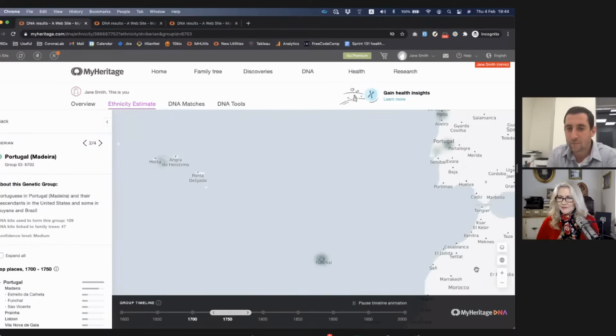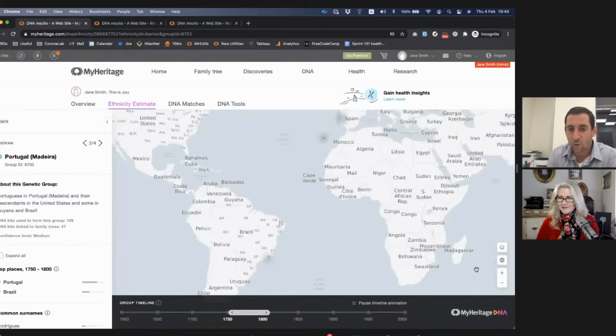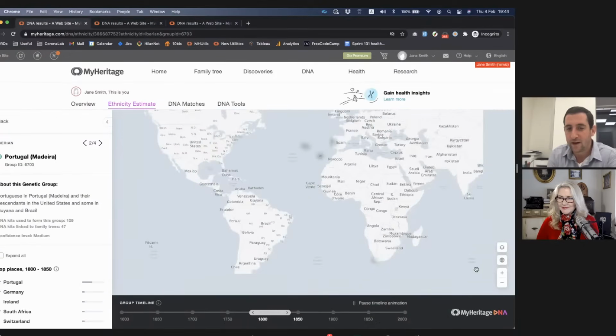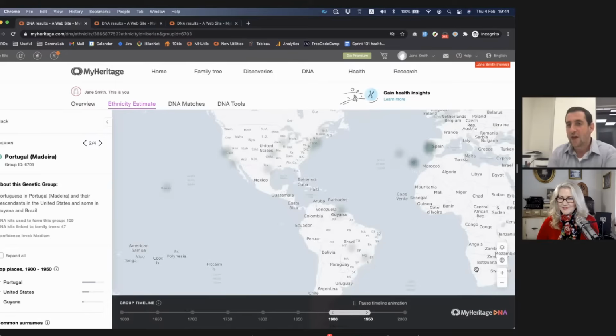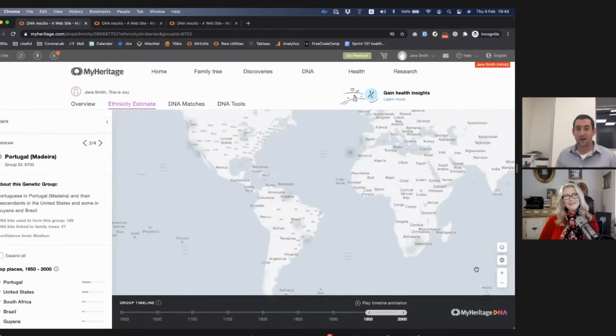And you can see how people are moving. And when we're getting to 1750, we're starting to see events in Brazil, and now in the States, and now in Guyana. And you can see the story that this genetic group has to tell in different times throughout history, in the past 400 years or even more than that in this case.